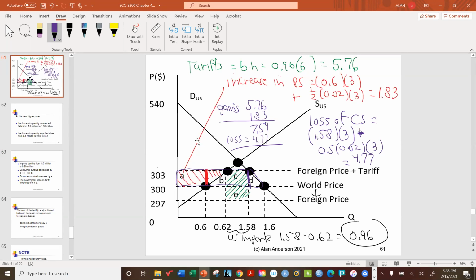Hold on a second. What do we do here? This consumer surplus was this amount. Did I do that right? 1.58 times 3. And then we have 1/2 of 0.02 times 3.